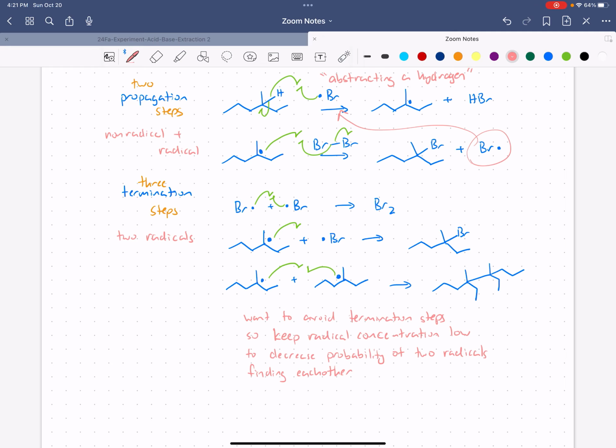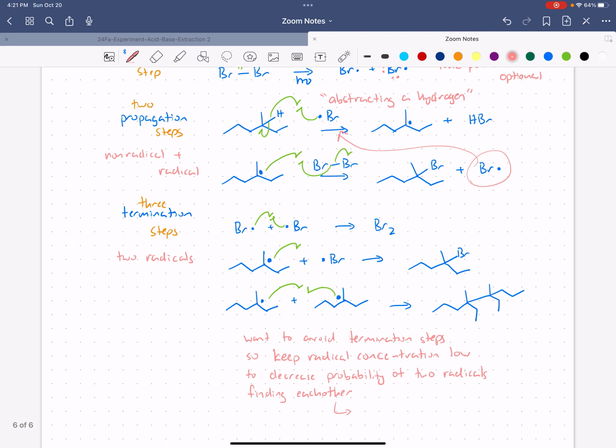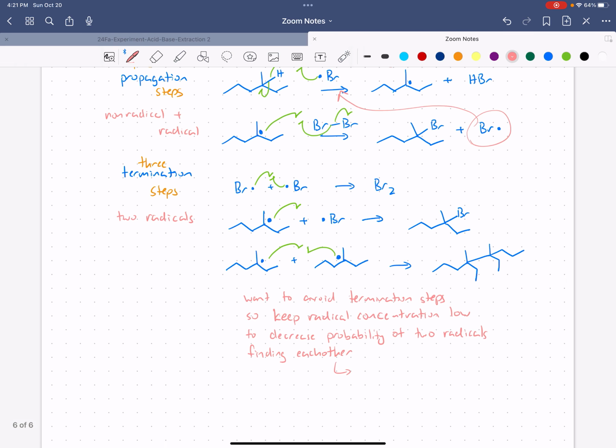That will actually promote the two propagation steps, and it will keep going and going and going. So that will actually promote, like encourage, the propagation steps.